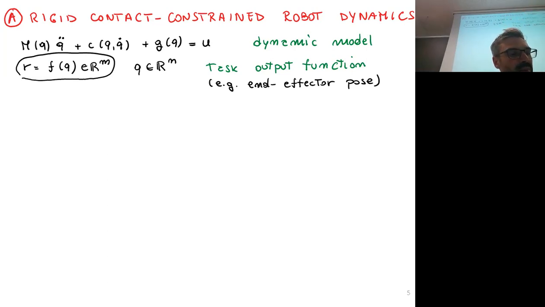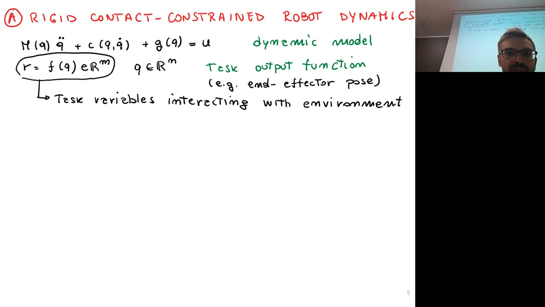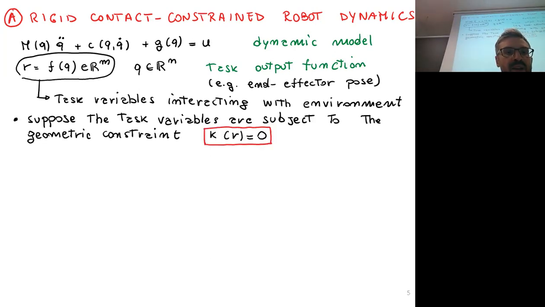So let's think about not only a contact as we see now, but as a constraint on the motion, for example, of the end effector. These are the task variables that interact with the environment, and we might use this method to define a geometric constraint on these task variables that represent the way we want to constrain the end effector.